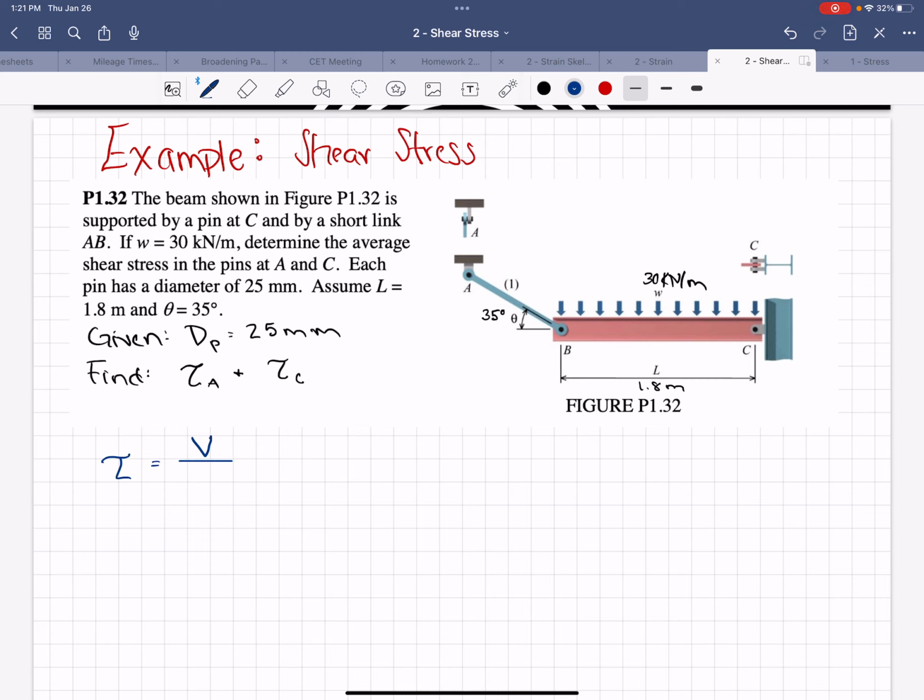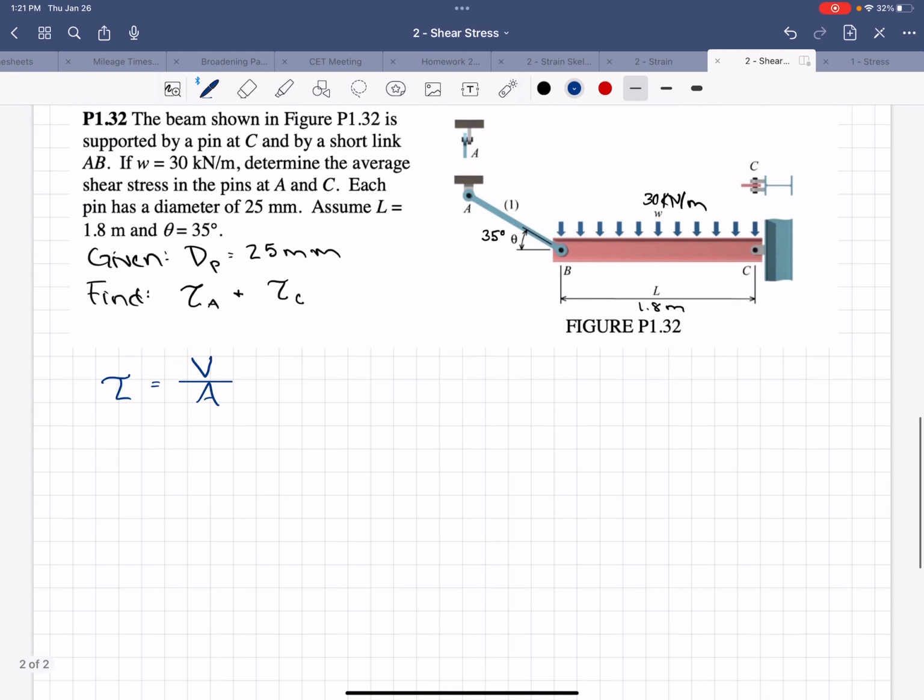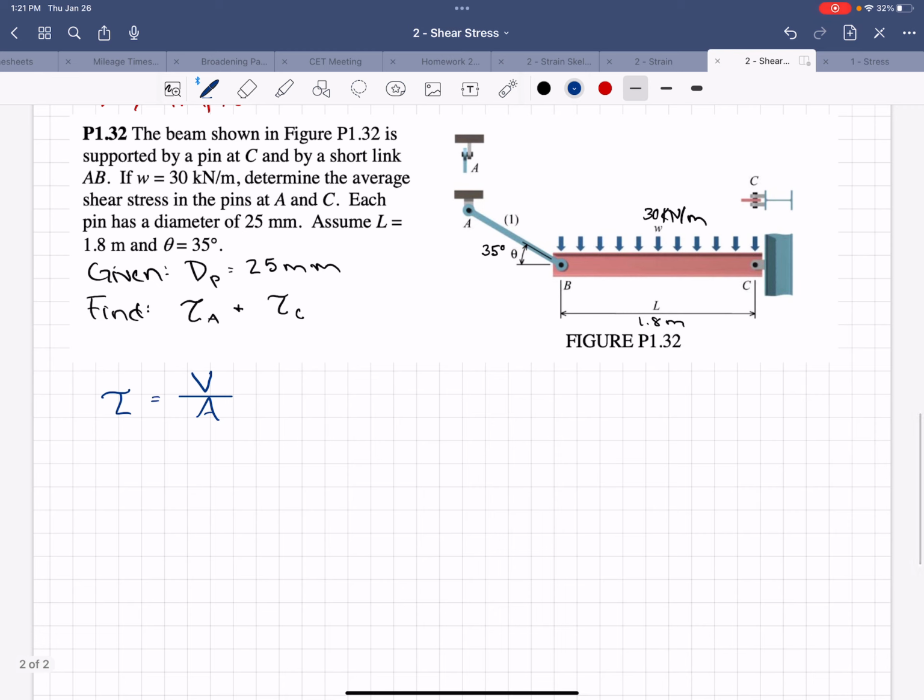In this case, that's going to be the area of the cross-section of that bolt. So V over A. All right, but to get started, we get to do one of my favorite things. We have to do some equilibrium of this beam. So we start with a free body diagram.